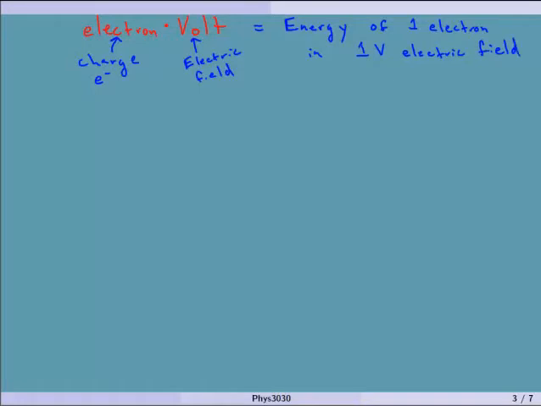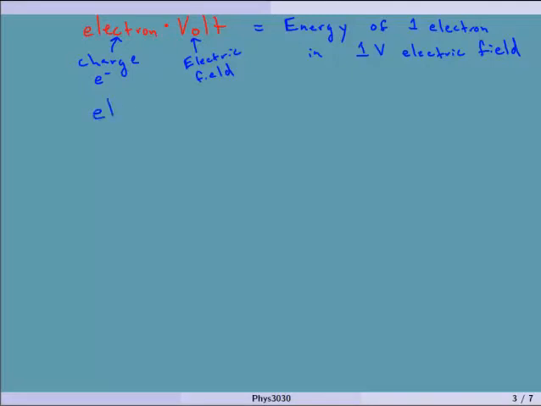Okay, and that might seem abstract, but it's really useful for particle physicists because one of the things you're dealing with all the time is electrons. We're going to talk about energies a lot, and these energies are measured in electron volts. We'll throw different prefixes in front of this.